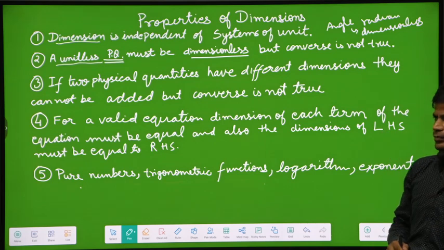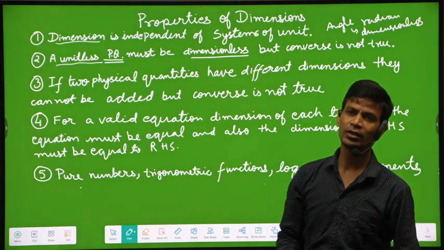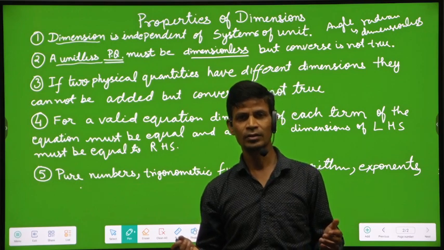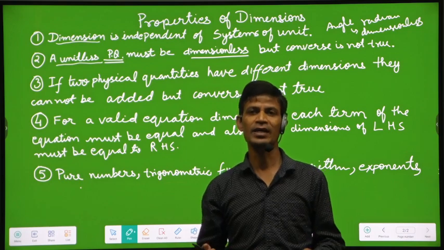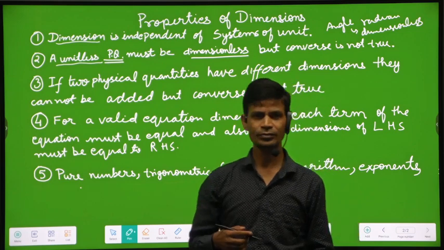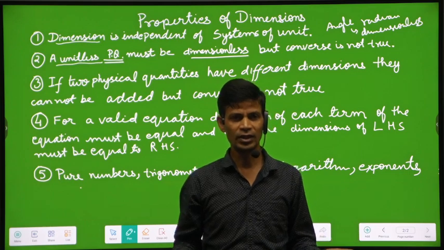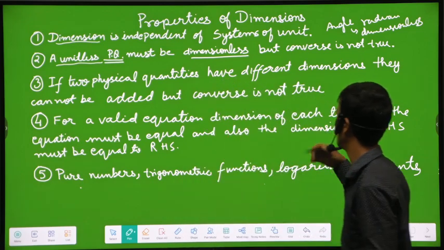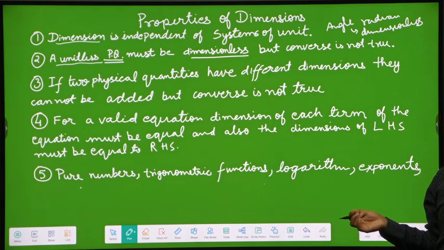Other than that, if we talk about intensity, loudness of sound, you probably know that the loudness of sound is measured in the unit decibel, but that decibel has logarithmic nature, and it is again not an SI unit, it is just a ratio, and that represents the loudness of sound, and that loudness of sound is again dimensionless.